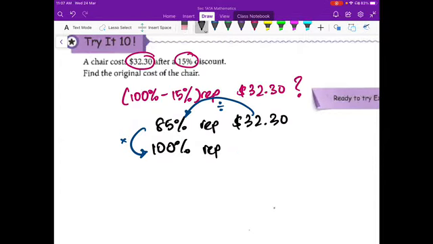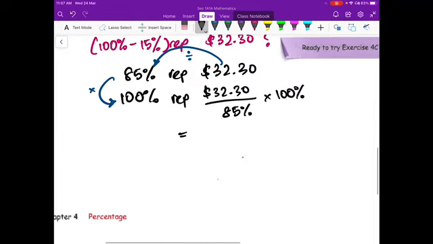Okay, 32.30 divided by 85% times 100%. Let's see what we get. So 32.3, need to divide by 85% or not? Don't need to press percent? No need, just divide by 85. Then times 100. $38.